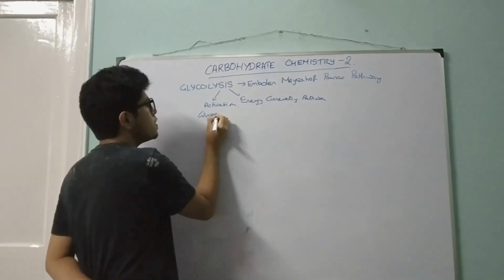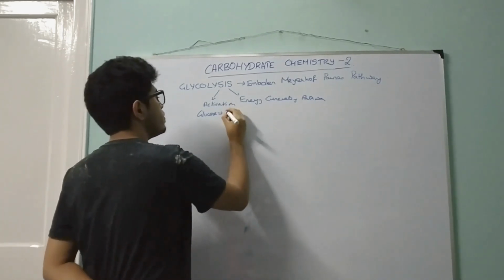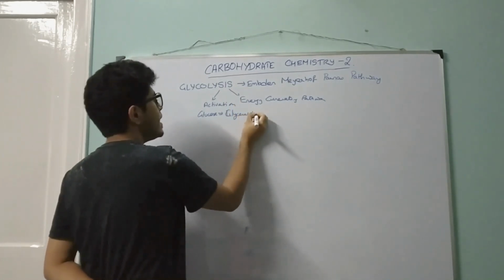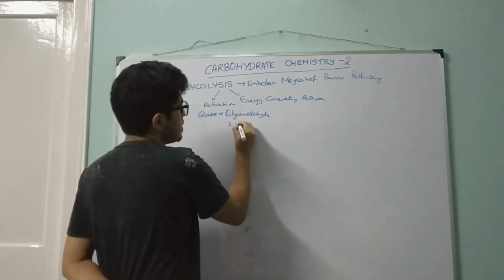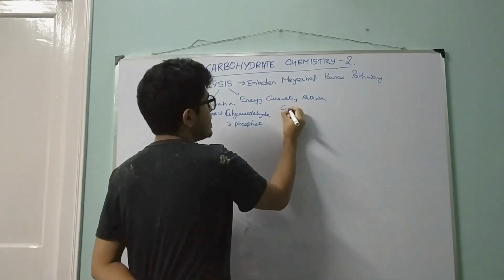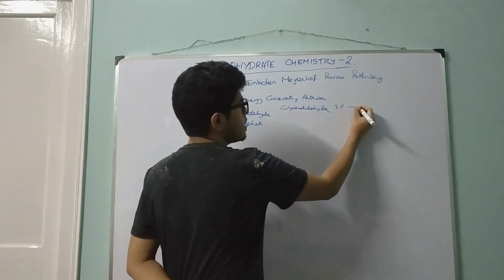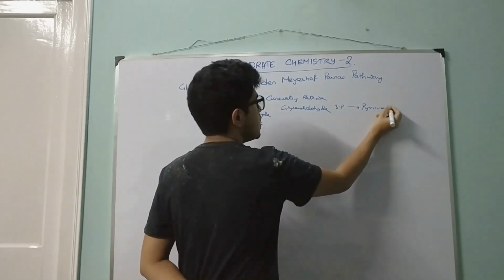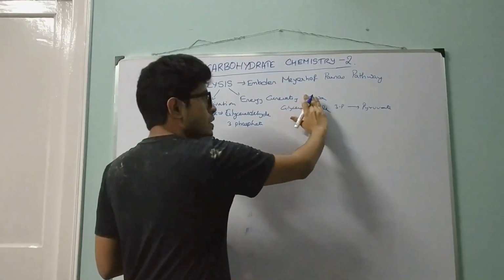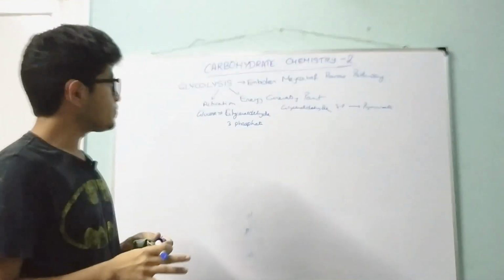From glucose till glyceraldehyde 3-phosphate is the activation pathway, and glyceraldehyde 3-phosphate to pyruvate is the generating part of the glycolysis process.